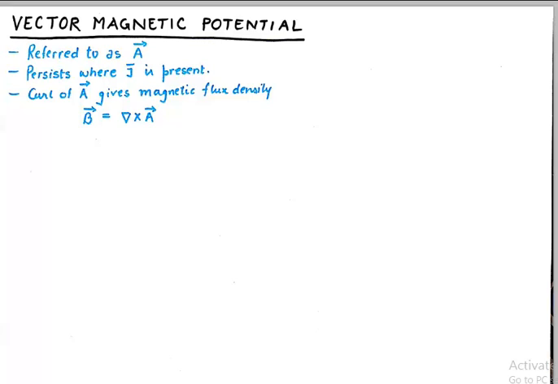And this new vector A that we just defined will give us B when we take curl of it. So curl of A will give us magnetic flux density B. So this is going to be our fundamental equation through which we'll derive the equation for A vector.